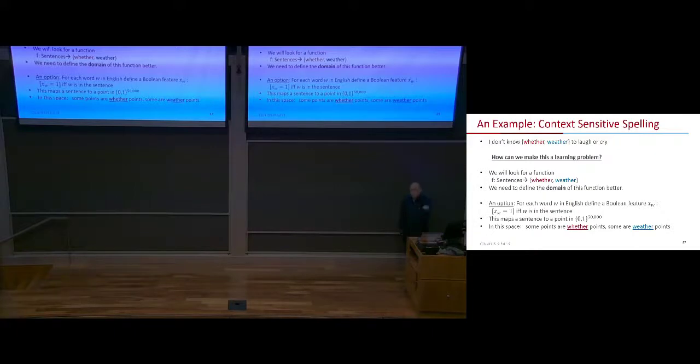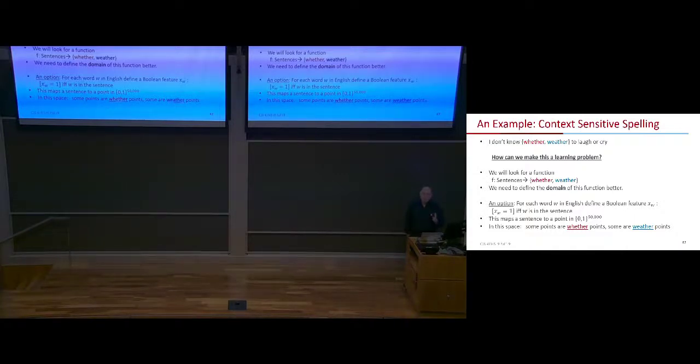So here is an option. I'm going to simplify the suggestions that you've given me so far, but it's going to be quite similar. So my representation for now, this is just one option. We're going to see others. For each word in the sentence, I'm going to define a Boolean variable. It's going to be called XW for the word W. And it's going to take the value 1 if the word is in the sentence. Otherwise, it's going to be 0.